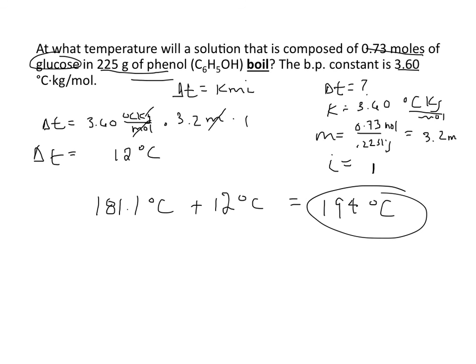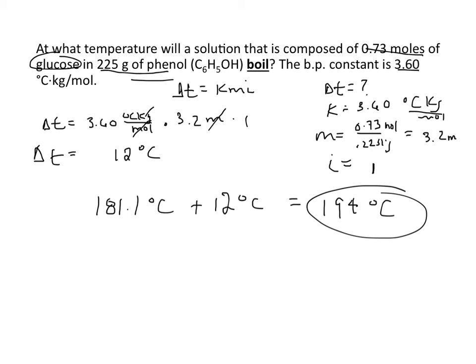So once again, we're utilizing the delta T equals K m i calculation. Notice that's not where I stop in this situation. This question is asking me at what temperature the new solution is going to boil. So delta T tells me the change that's going to occur, but I need to take this extra step in order to figure out the new boiling point of the solution.